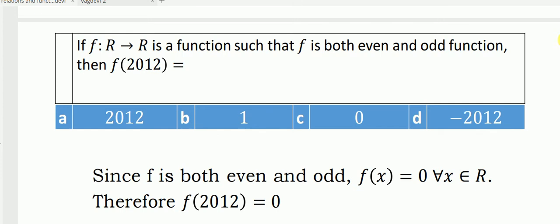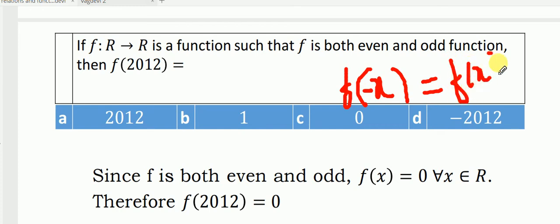If f from R to R is a function such that f is both even and odd function, then f of 2012 is equal to: option A is 2012, option B is 1, option C is 0, and option D is minus 2012. So we know that a function f of x is said to be an even function if f of minus x is equal to plus f of x.